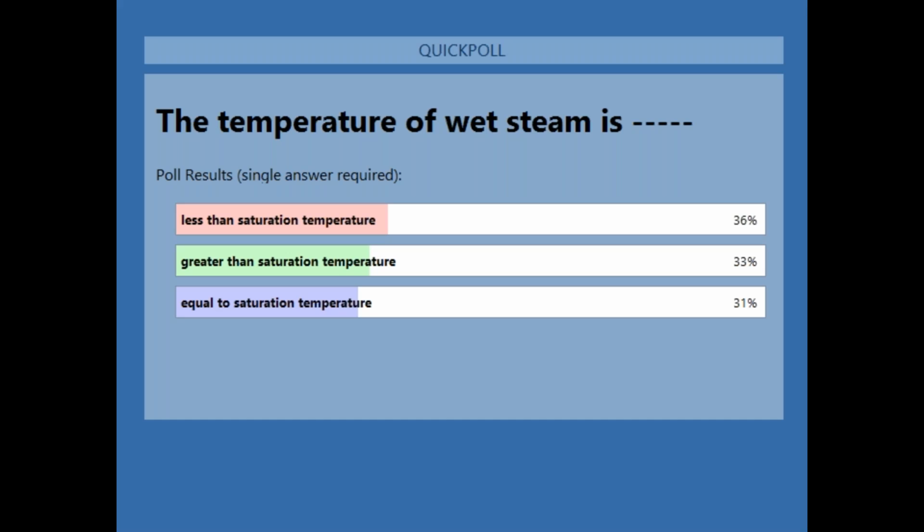Okay, so from the poll result it appears that only about 70% of the class has got this wrong, right? That is because they have not listened to the discussion which we had using the vapor dome.